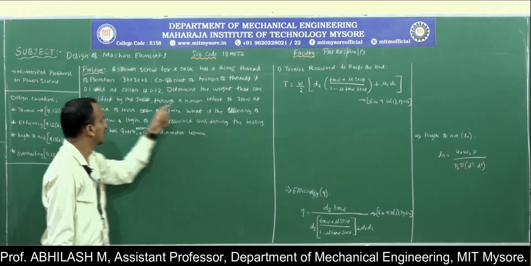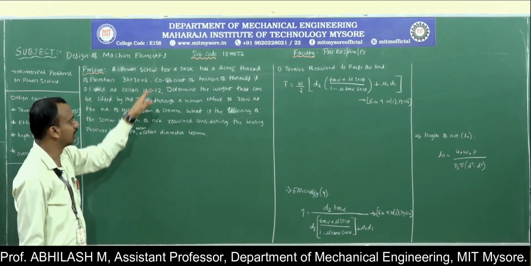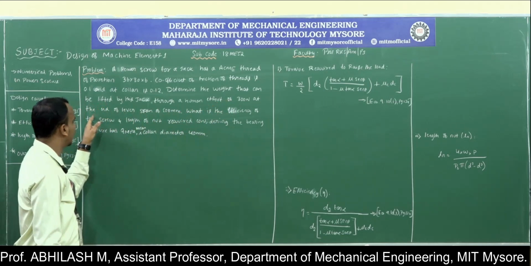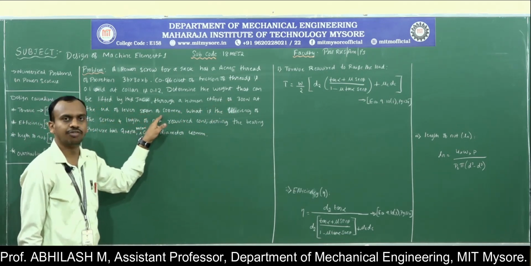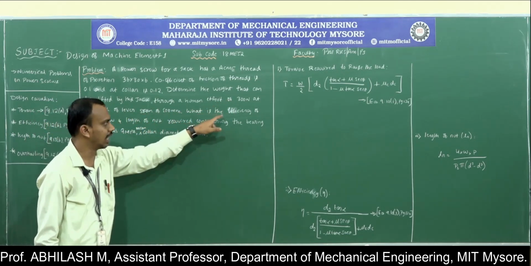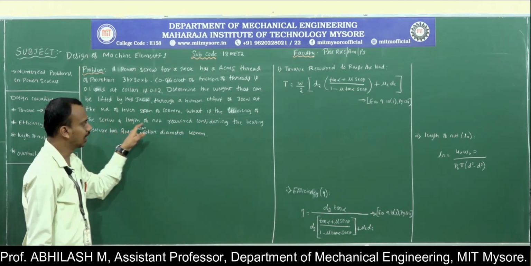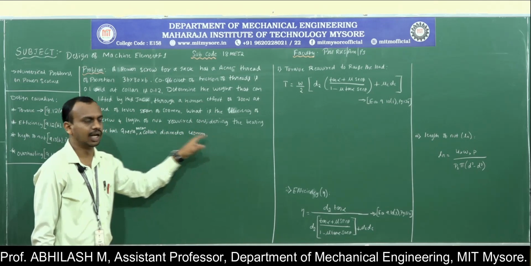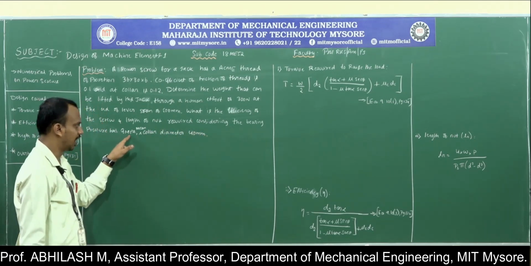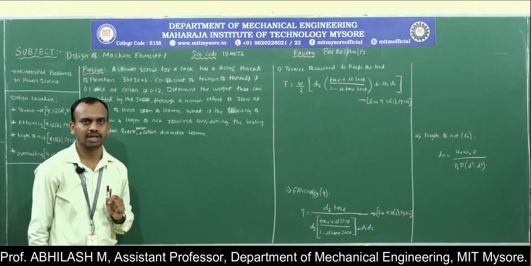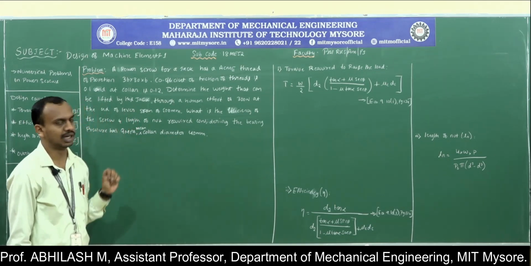Determine the weight that can be lifted by this particular jack through a human effort of 300 Newton at the end of the lever span of 500 millimeter. What is the efficiency of the screw? We are supposed to check the efficiency. The length of the nut required considering the bearing pressure to be 9 megapascal and the mean collar diameter of 40 millimeter. So this is the problem statement.